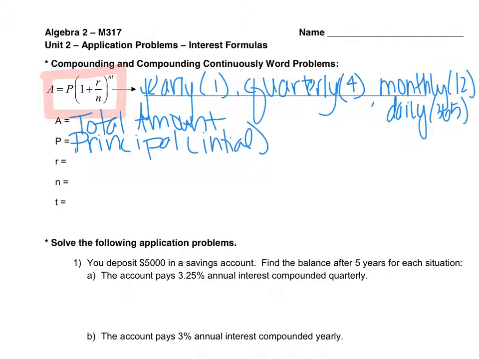Basically it means the starting balance, so how much money you're starting with in your account. Another word you might hear is a down payment. Those all mean the initial amount that you put down. The next one we have is the rate. It's very, very important that the rate is in decimal form, and in order for it to be in decimal form, remember that you move 2 places to the left.